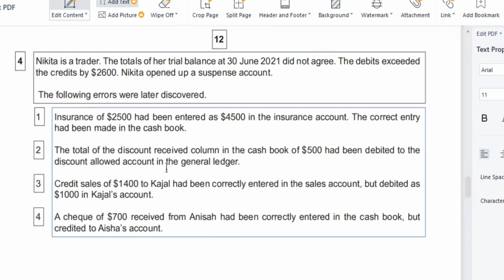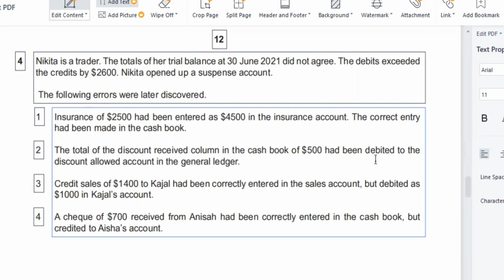Error 2 is the total of the discount received column in the cash book of 500 has been debited to the discount allowed account in the general ledger, as discount received is an income and discount allowed is an expense. So the correct entry was trade payables debit, discount received credit.